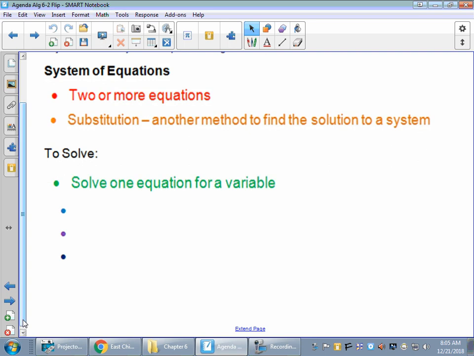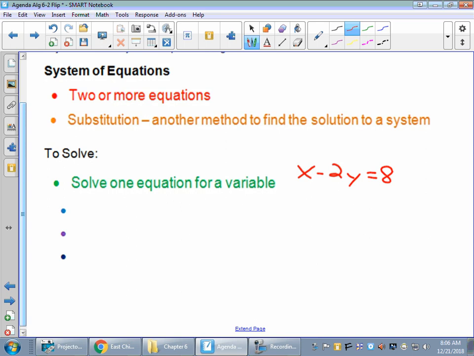So to solve using substitution, we're going to solve one equation for a variable. So we've done that before. Let's say you had something like x minus 2y equals 8.